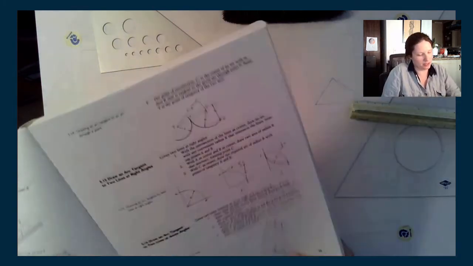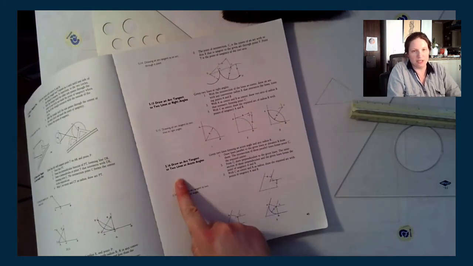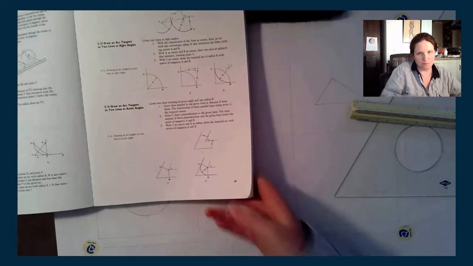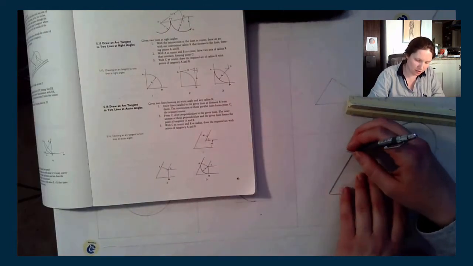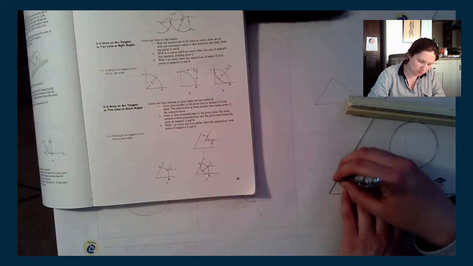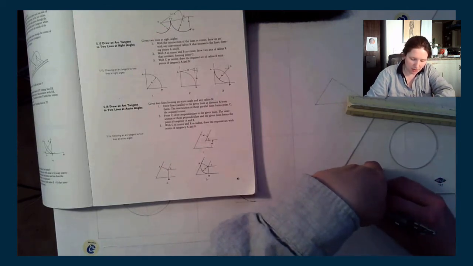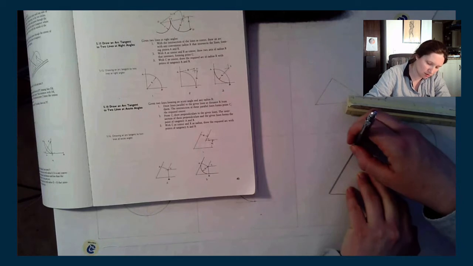This is, by the way, in the old book. This was 5.16, draw an arc tangent to two lines at acute angles. So we're going to start there. So first I'm going to draw my two angles, or the two beams of my angle.